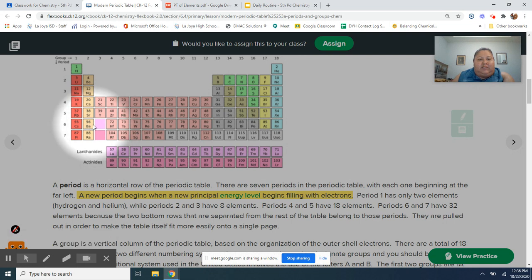What do you notice that's missing in these two little blocks right here? These are your elements right here. These lanthanides and actinides, technically, they should fit in between these elements right here, making our periodic table very long.